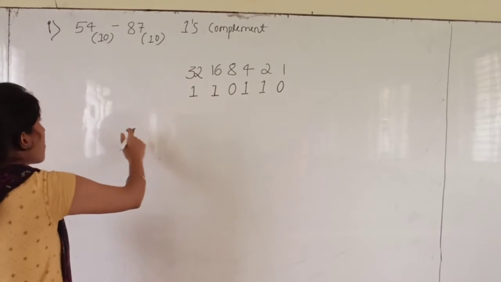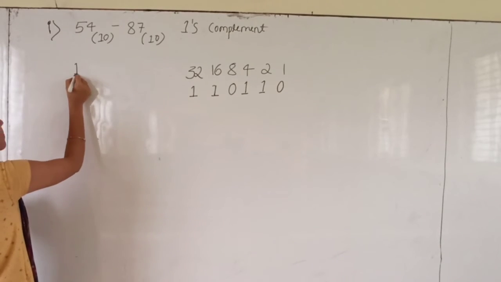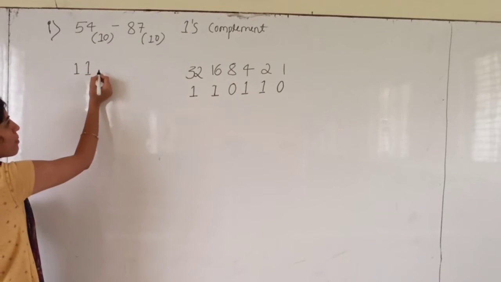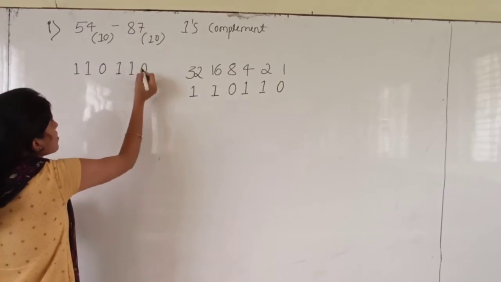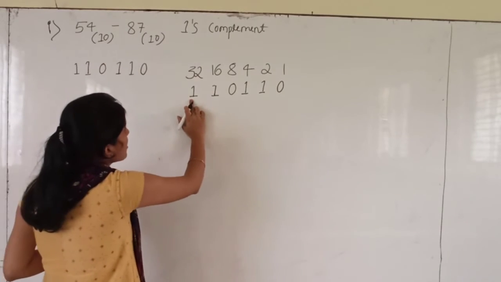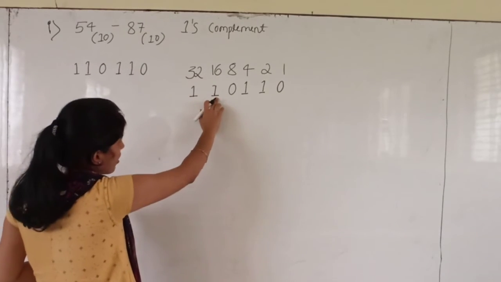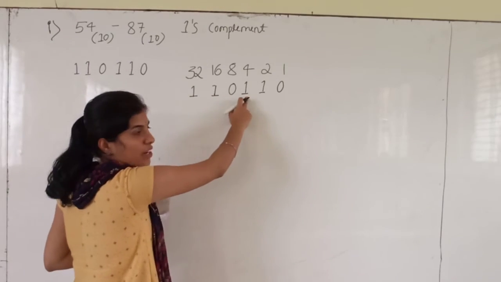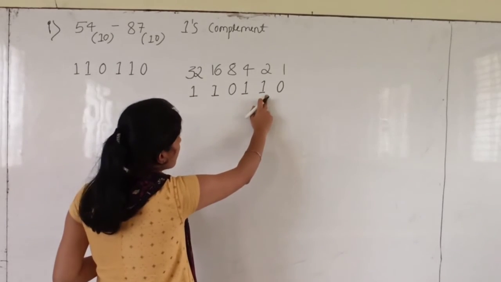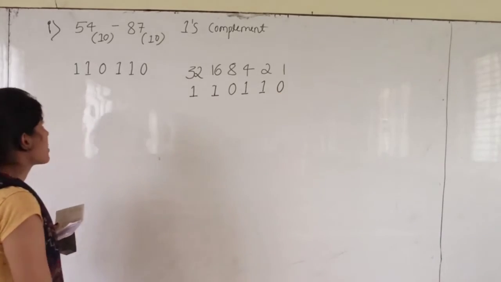This is the binary equivalent for 54. Check once again: 32 plus 16 is 48, 48 plus 4 is 52, 52 plus 2 is 54, and the 1st position will be 0.